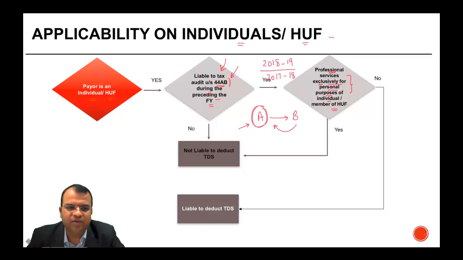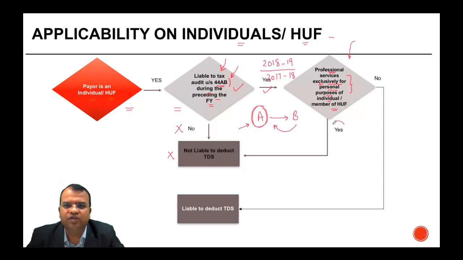So I'll just summarize this once again. If the payer is an individual or HUF, you need to check whether they were liable to tax audit during the preceding financial year. If they were not liable for tax audit, they don't need to deduct TDS. Even when they were liable for tax audit in the preceding year, we need to find out whether or not the services are exclusively for personal purposes of the member of the HUF or the individual.